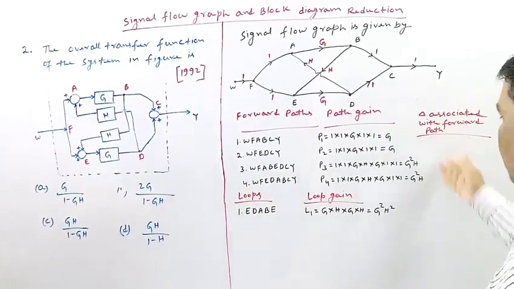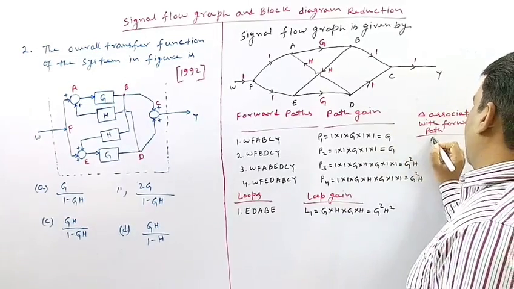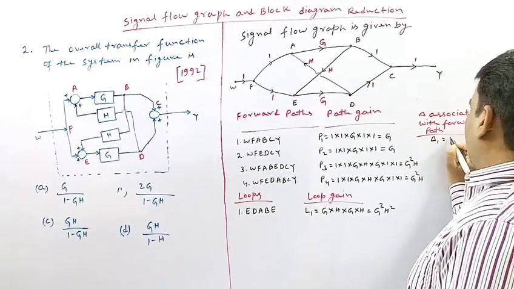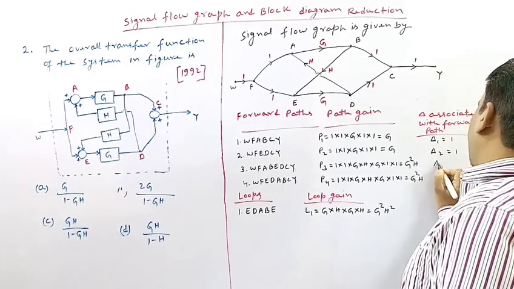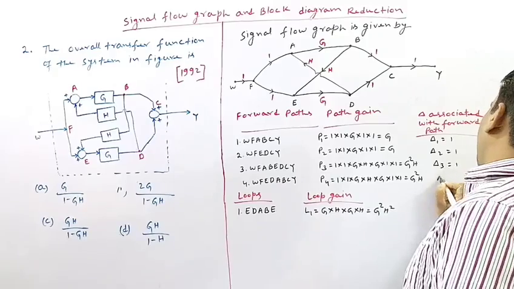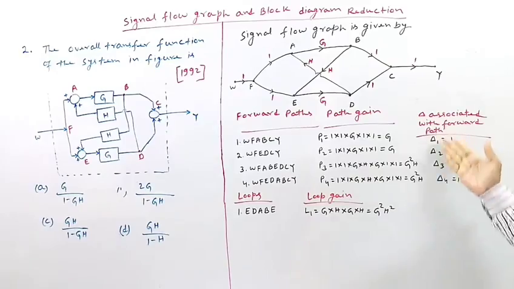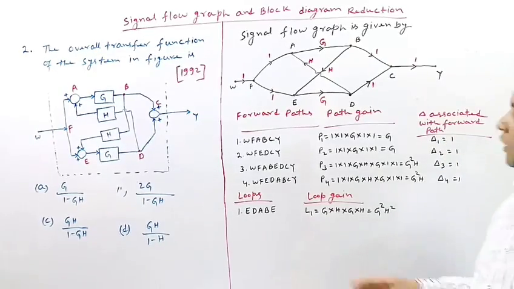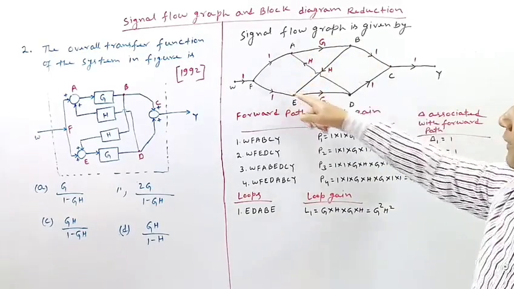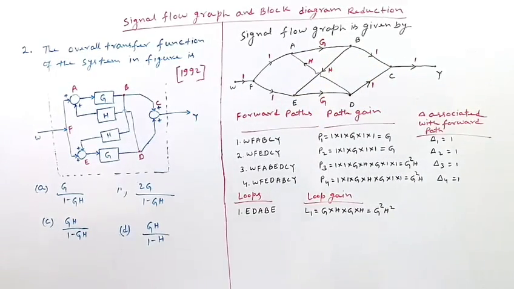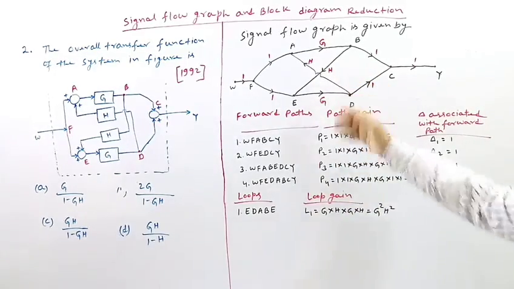So delta for the forward paths, let us denote for forward path 1 delta 1, will be 1. Again delta 2 will be 1, delta 3 will be 1, and delta 4 will be 1. All the deltas for the forward paths will be 1, because there is only one loop and that loop is touching all the forward paths, so we cannot find any loop which is non-touching with these forward paths.